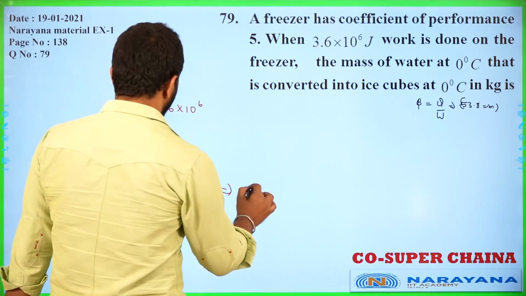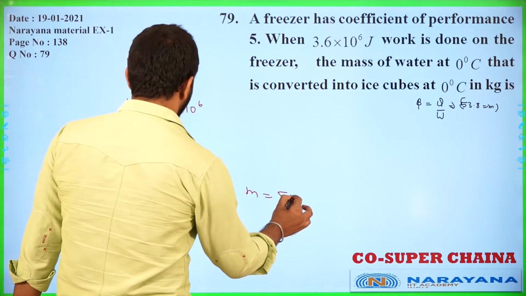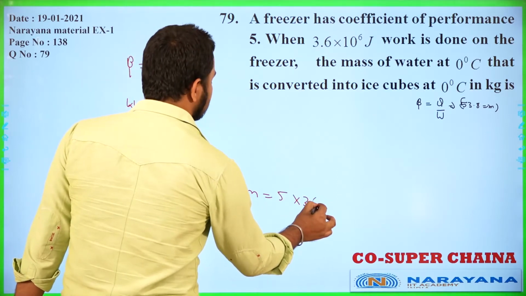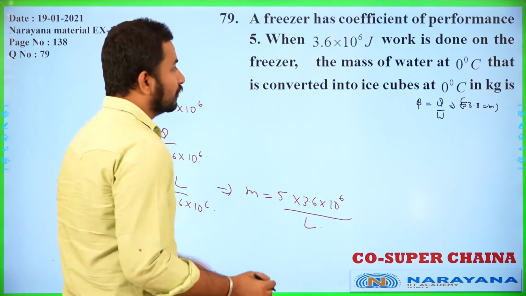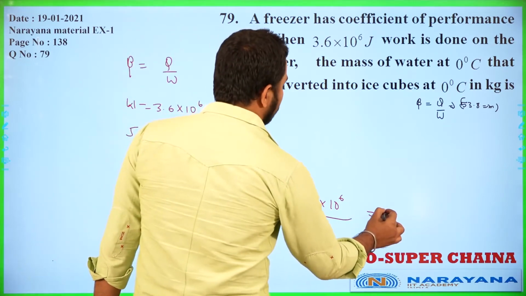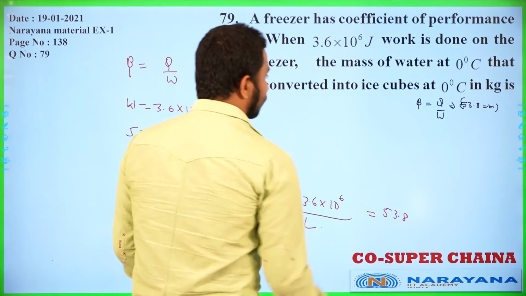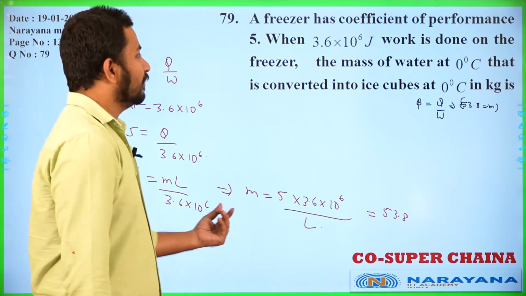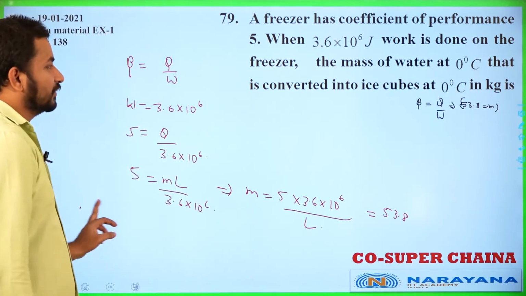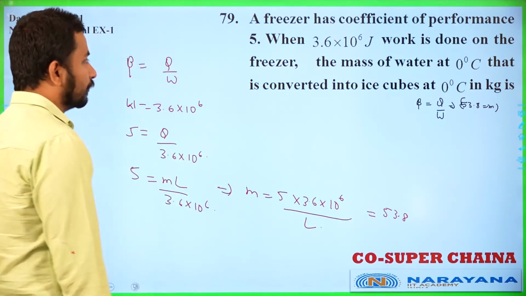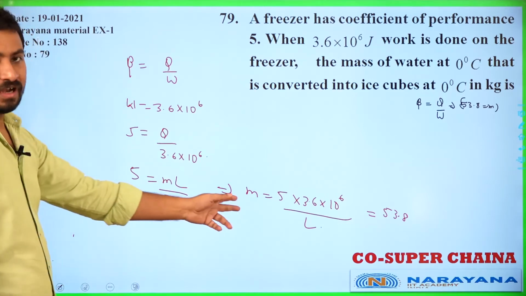So M equals 5 into 3.6 into 10 to the power 6 by L. Substituting the L value and solving, M comes as 53.8 kg. That will be the answer of this question.